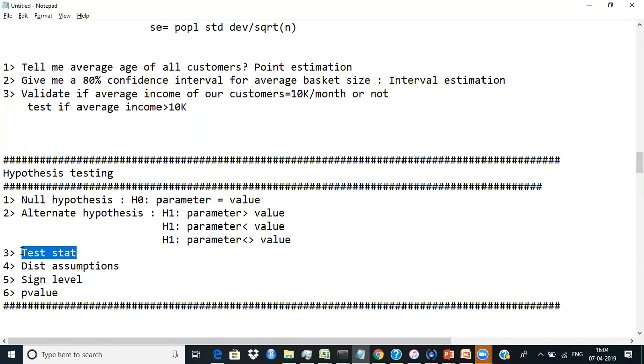Makes sense? Okay. The equivalent here is, we will have the test statistic, which is the knife, right? And the distributional assumption is basically assuming that the person is not guilty, right? What we will do is, under the assumption that the person is not guilty, we will find out the probability of getting the value of this statistic.